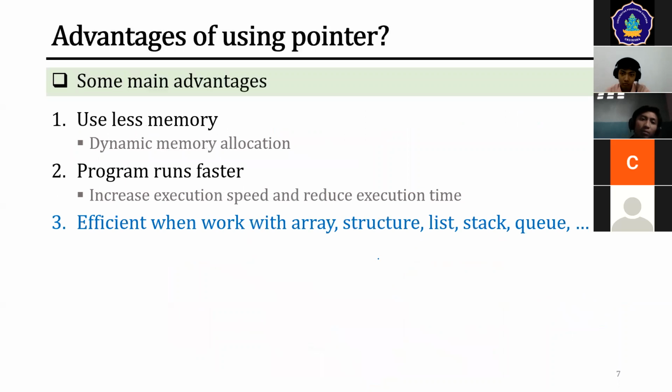Next, we will see the advantages of using pointers. Pointers use less memory because they give us dynamic memory allocation. Mostly when we use pointers, there are basic operations that we can perform with primitive data types, integer, character, string, just to manipulate data and access data through the pointer.